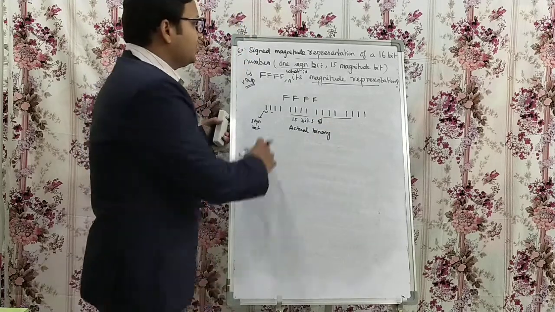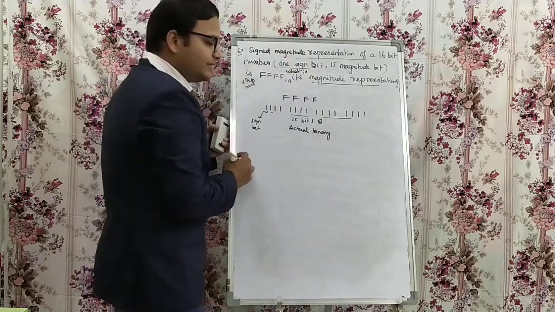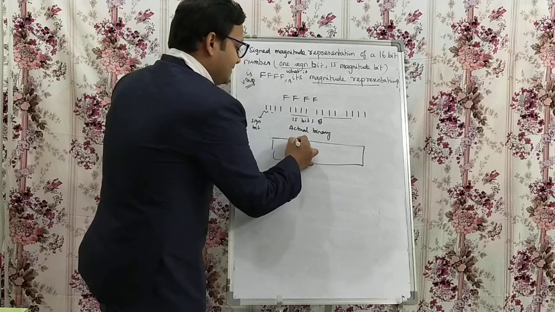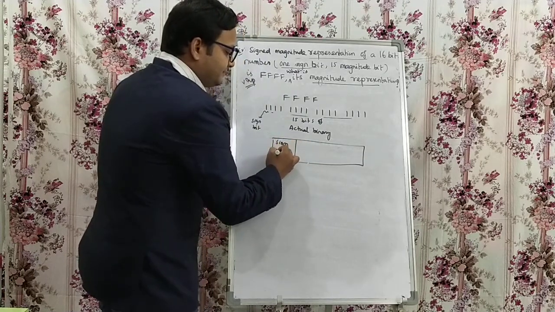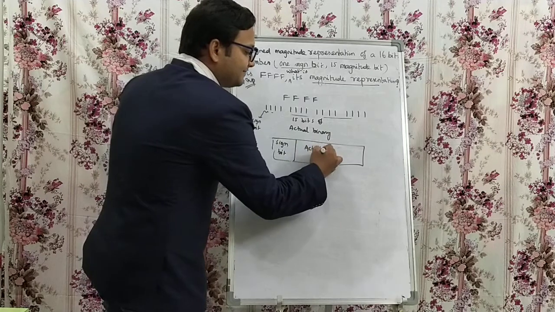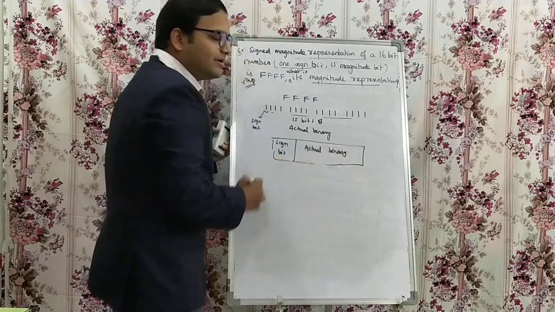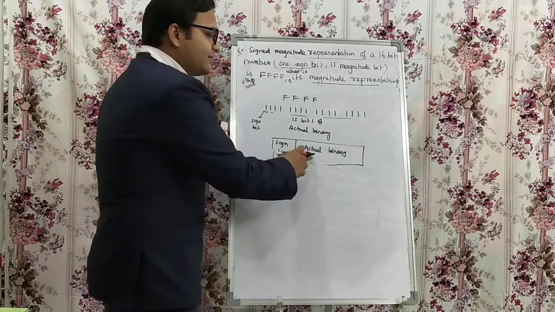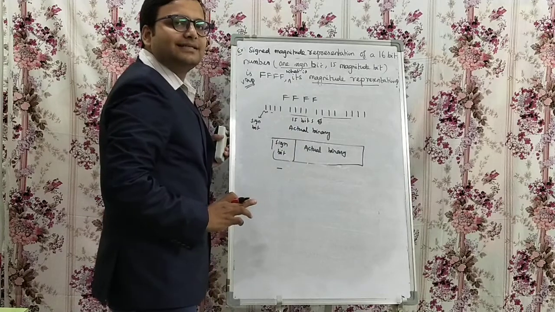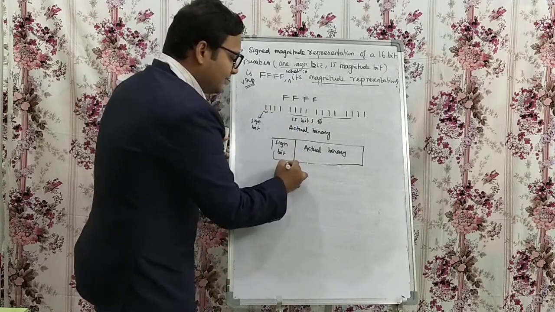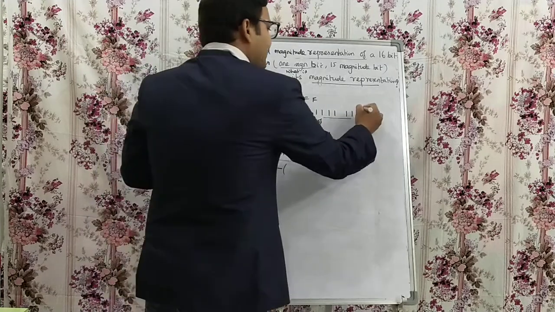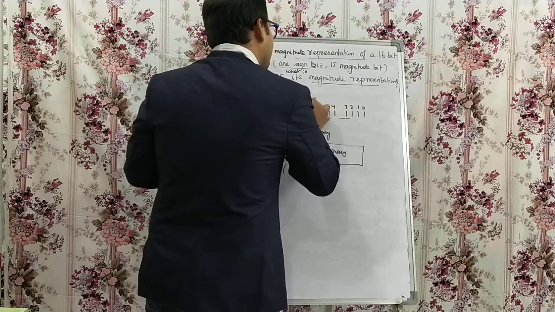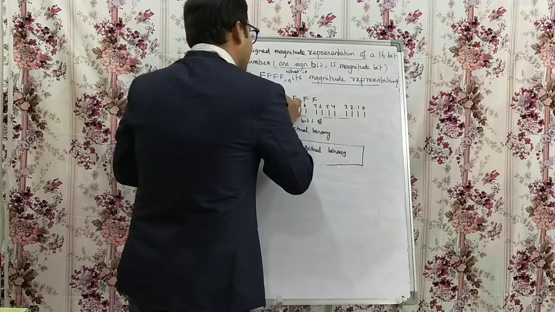So we know how to represent sign magnitude representation. You can represent it using the sign bit with the actual binary. The sign bit is 1, which is negative. The actual binary is this one, exactly as it is. So you have to find the place values for 0, 1, 2, 3, 4, 5, 6, 7, 8, 9, 10, 11, 12, 13, 14.